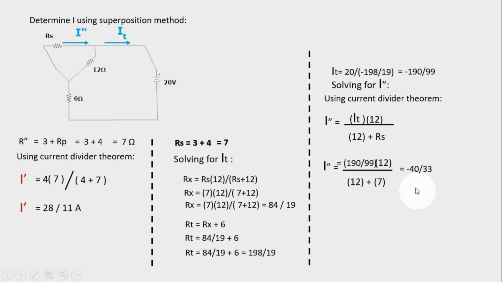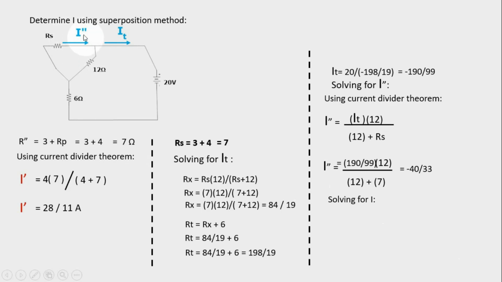Okay, and we can now solve for the current that we are looking for, since we already have the auxiliary currents, I prime and I double prime.